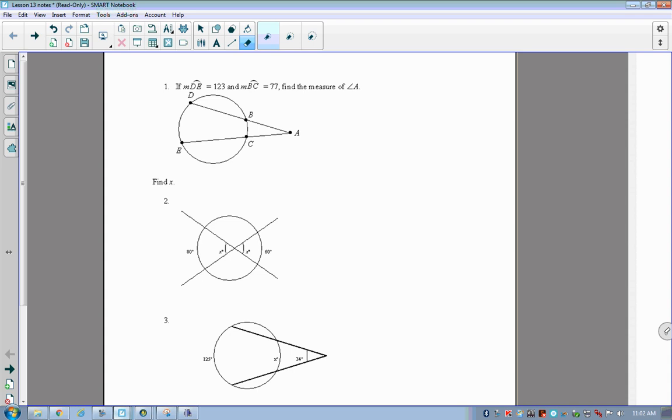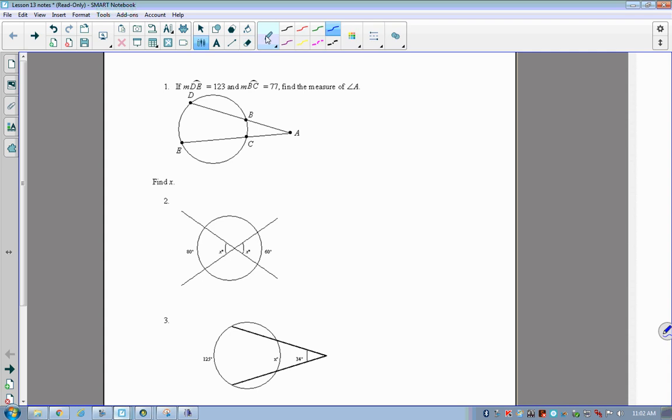It looks like it's intersecting secants and tangents, but it's not. We don't have a tangent line there. So there's just intersecting secants, but they come back to a common point. Example 13.2: they're intersecting secants, but we're coming to the outside point.